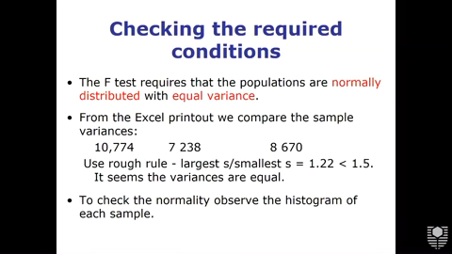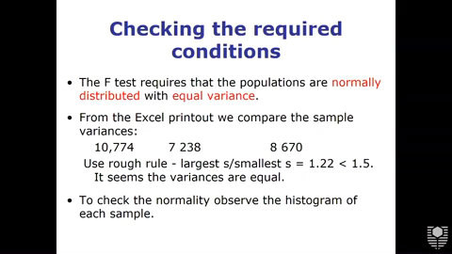Square root of largest divided by smallest S, not variance, because the output of Excel gives us a variance. So it equals 1.22, less than 1.5. That means variances are equal, right?